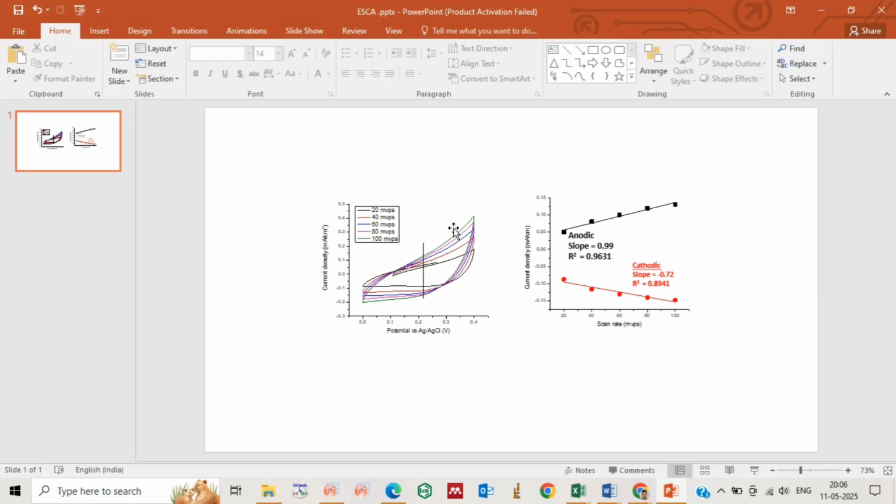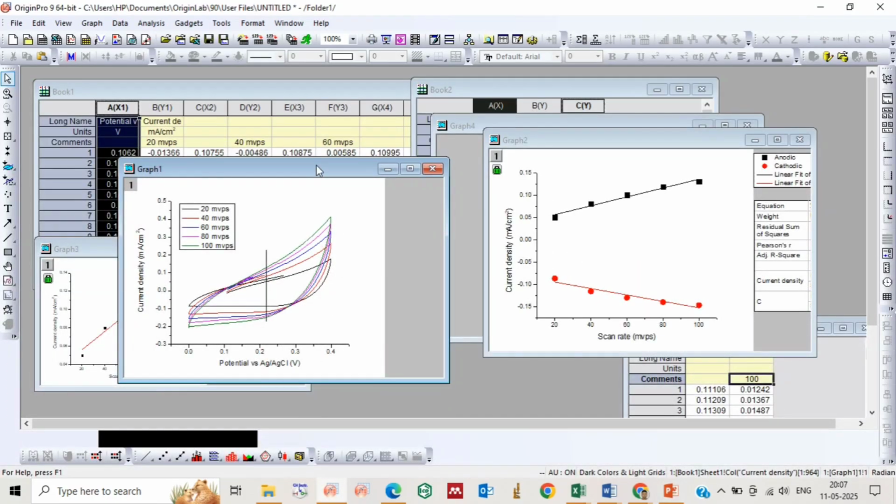Yes, after editing these two figures, we can use them in the publication article in image form. So here we need to mention all these things. You can also refer to some papers where you can see a scan rate graph given with this scan rate dependence CV. Now coming back to our further calculations.